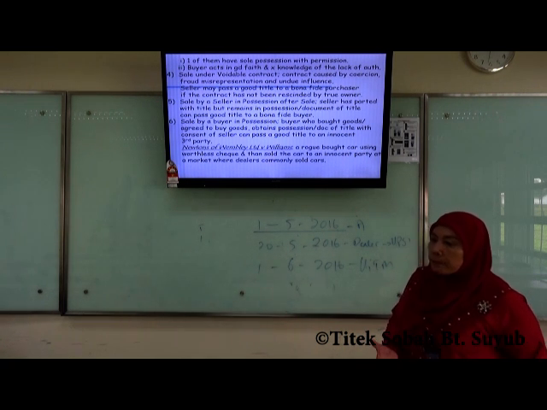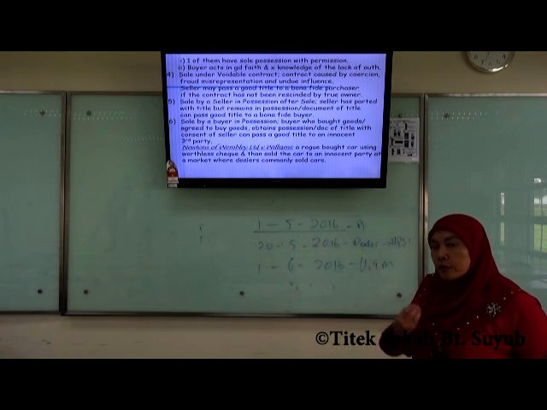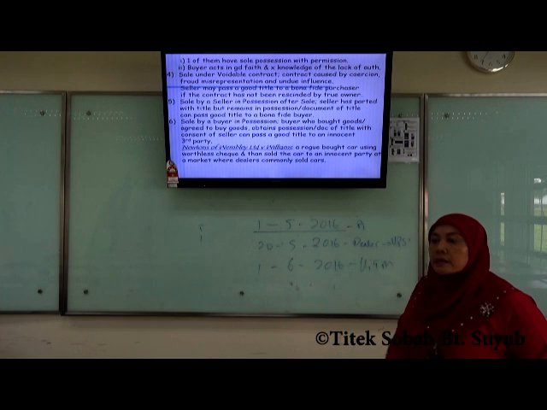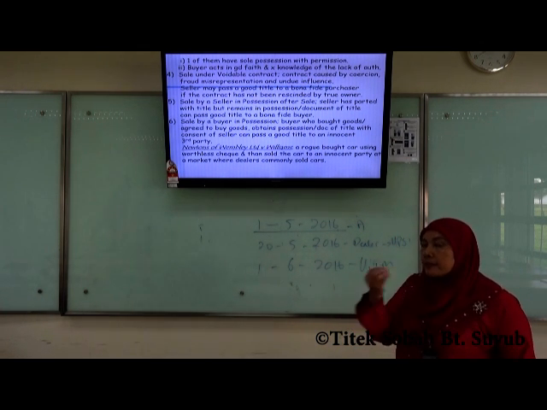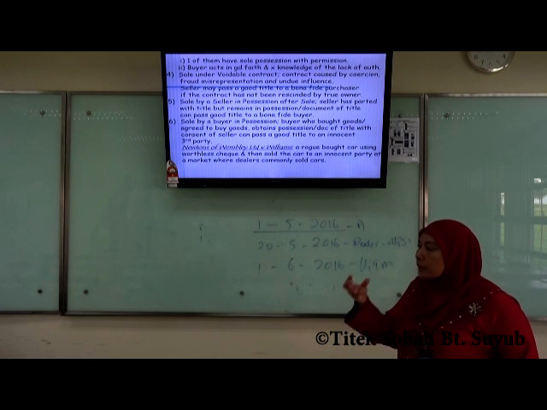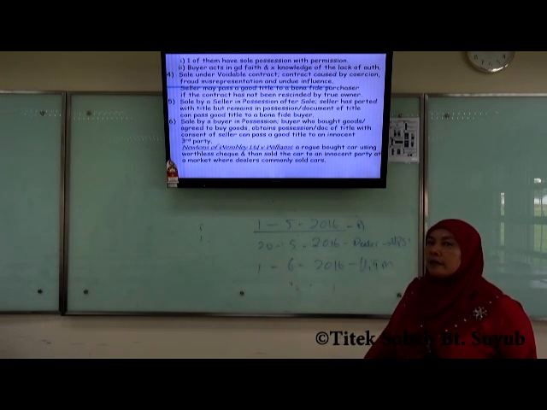Why? Because maybe the purchase price has not been fully settled, and the agreement says that until the purchase price has been fully settled, the title is still with the seller. So mungkin perjanjiannya selagi tak habis bayar, hak milik adalah hak milik penjual.